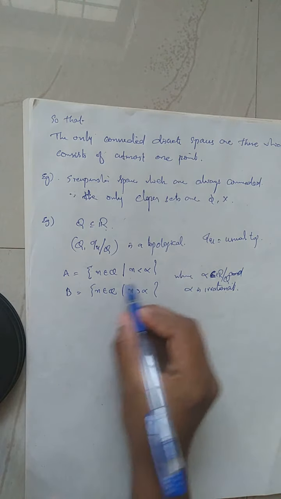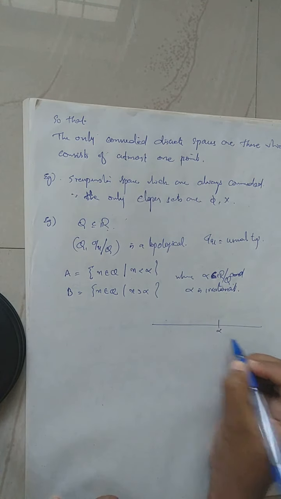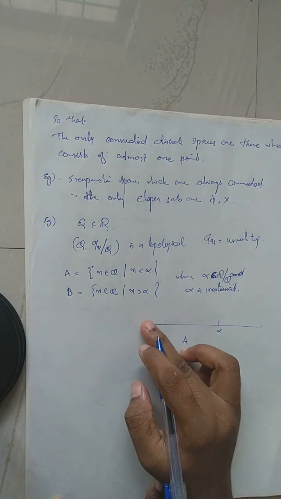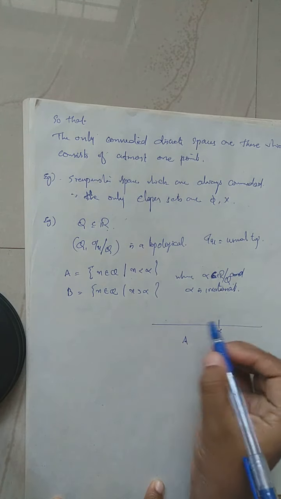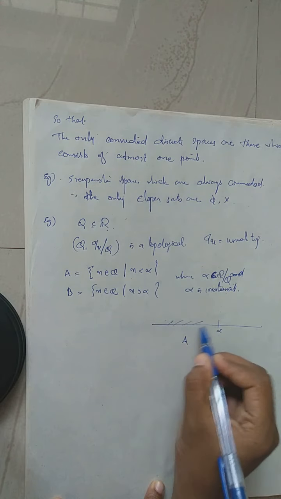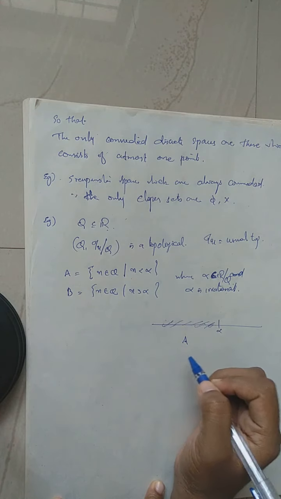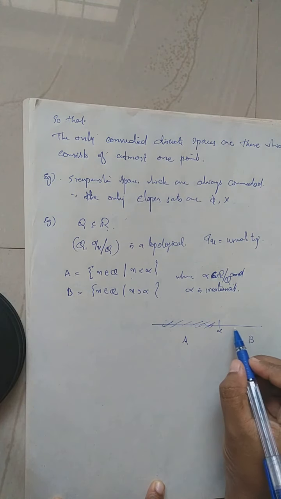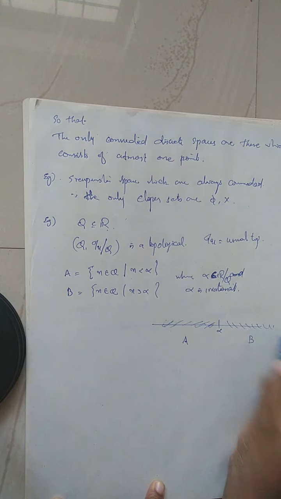When you consider alpha as an irrational number, then A is nothing but the set of all rational numbers less than alpha, the rationals belonging to this region. And B is the set of all rational numbers belonging to this region.